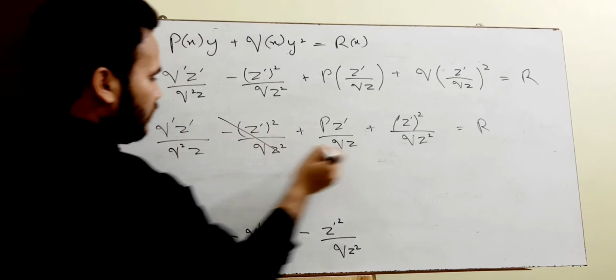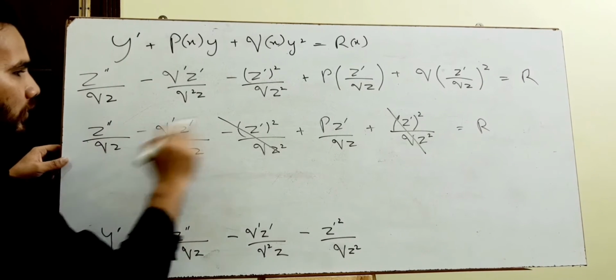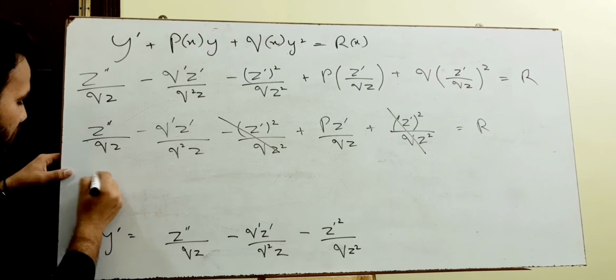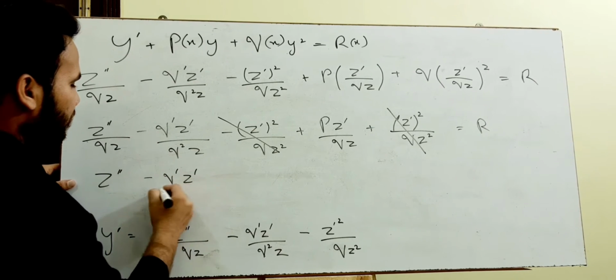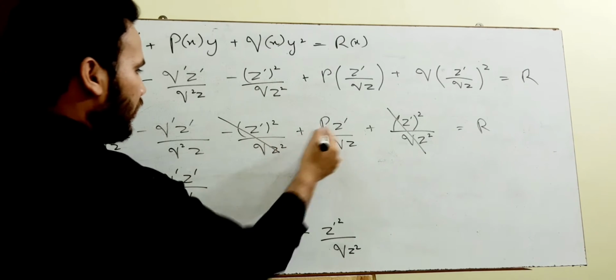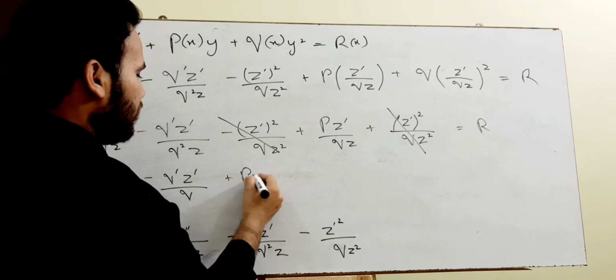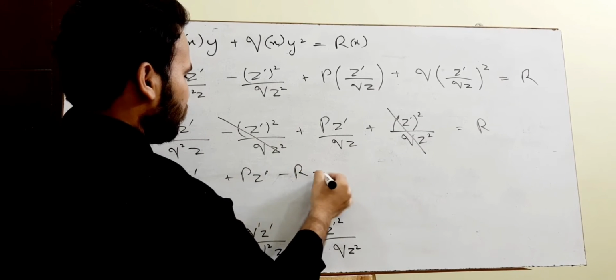Now these two terms are cancelling out, and I am multiplying both sides by qz, then it will be z double prime minus q prime z prime divided by q, plus p z prime, minus r equals to 0.